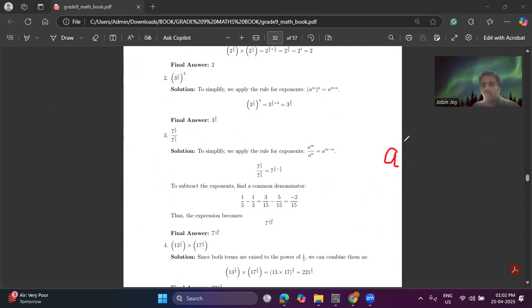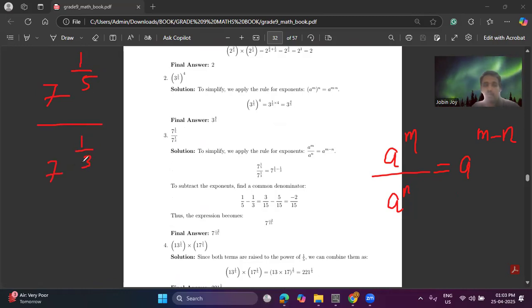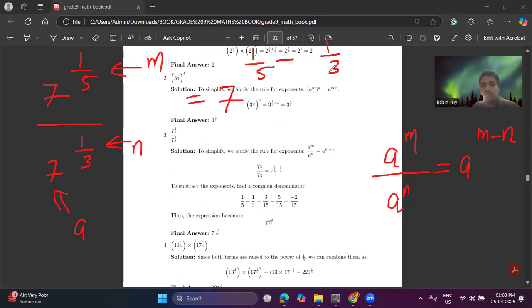Then another law of exponent, a raised to m divided by a raised to n equals a raised to m minus n. So the question is 7 raised to 1 by 5 divided by 7 raised to 1 by 3. So this is a, this is m, and this is n. So this will be 7 raised to m minus n, 1 by 5 minus 1 by 3.